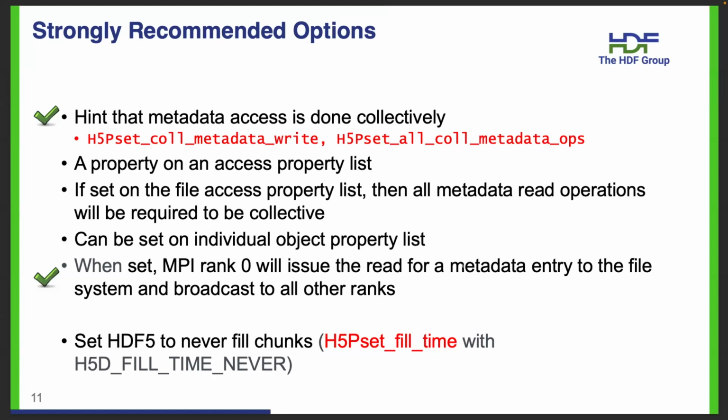Whereas if you create a data set with one rank, close the file, then you reopen that data set in parallel, well, parallel says, oh, I haven't allocated this yet, I'm going to have to allocate it. And when it allocates it, and you have the fill time set to true, then when you open that data set it's not only going to allocate it, it's also going to fill all those values. So this is where we came up with that idea: unless you really need the fill time, to always just do never.